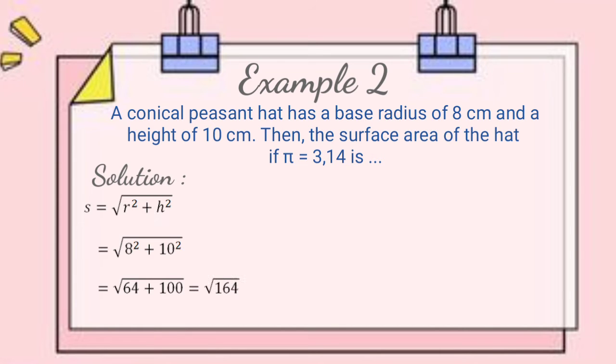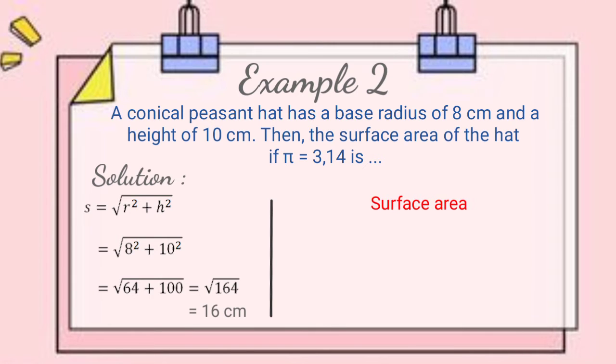Slant equals square root of radius squared plus height squared equals square root of 8 squared plus 10 squared equals square root of 64 plus 100 equals square root of 164 equals 16 centimeters.